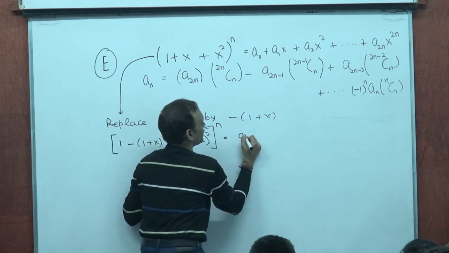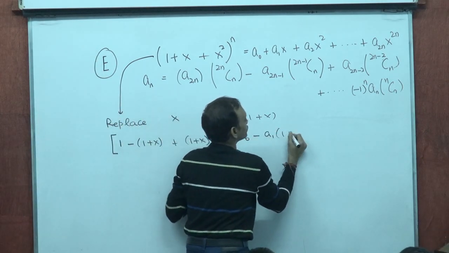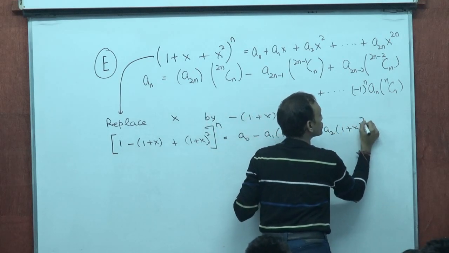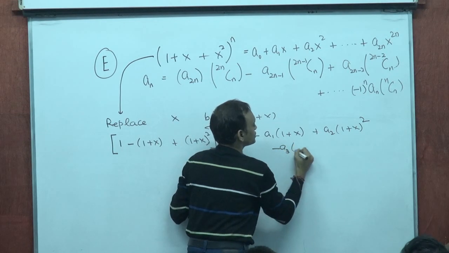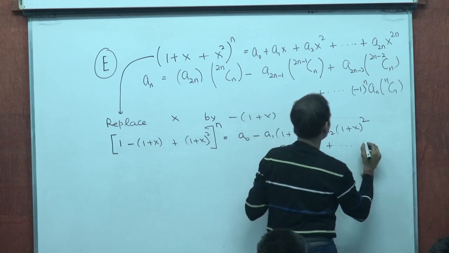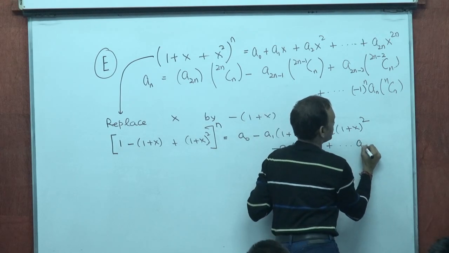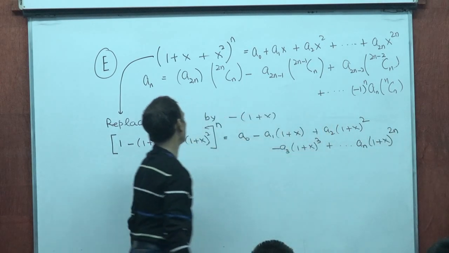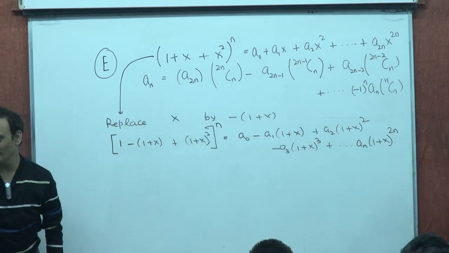And that must be a0 - a1(1+x) + a2(1+x)^2 - a3(1+x)^3 and so on up to a2n(1+x)^2n. Yes or no? So far so good?